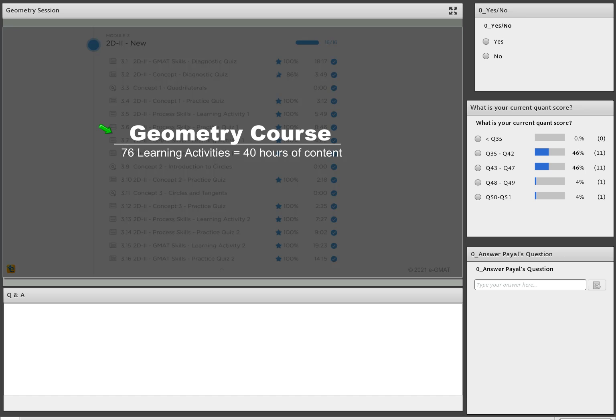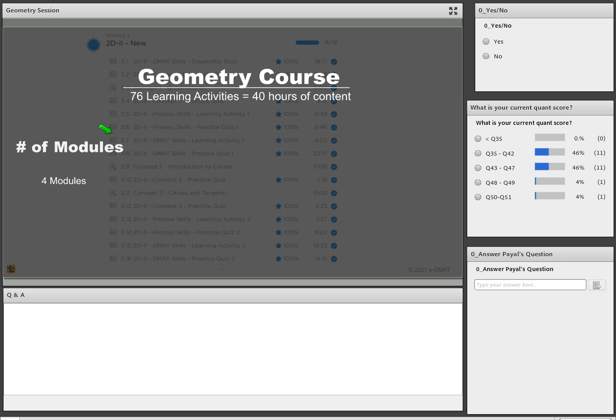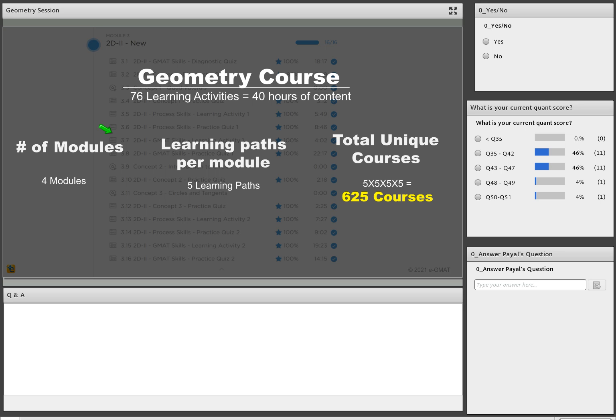Once you take the diagnostics, you get to see how you have different learning paths per module, and how you get 625 unique courses in just the geometry course, which means that each one of you will be provided his or her unique course based on your individual ability.